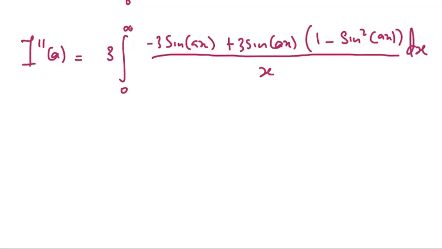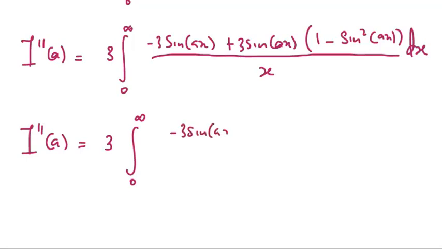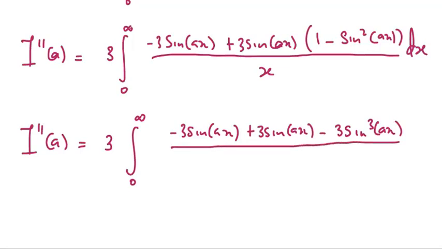Okay, so from here we're going to open up this bracket, so we get I prime prime of a equal to 3 integral from 0 to infinity of negative 3 sine of ax plus 3 sine of ax, and then minus 3 sine of ax cubed. That makes sense. Then divided by x, and we have our dx, right? Okay, that's cool.